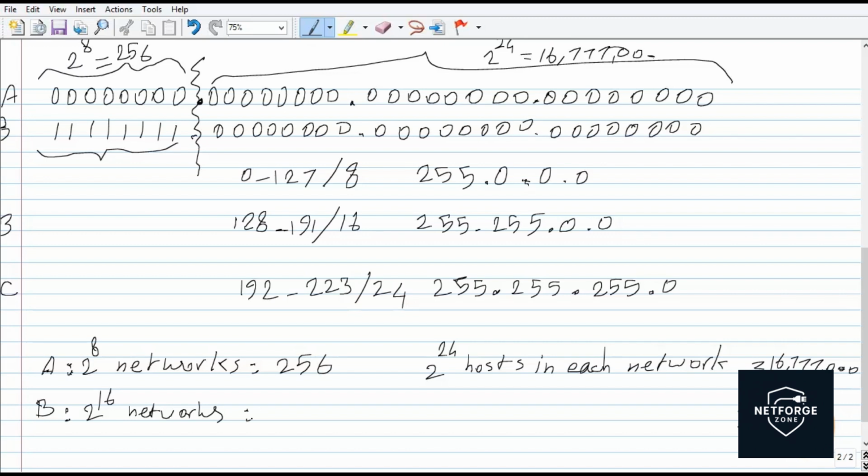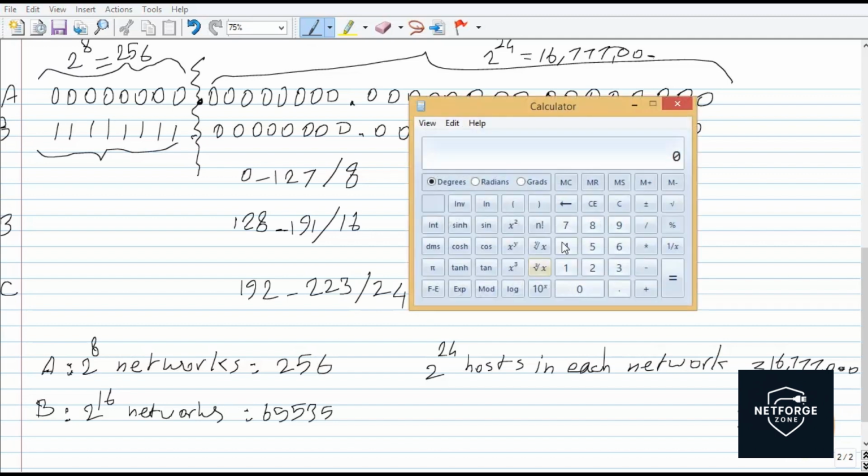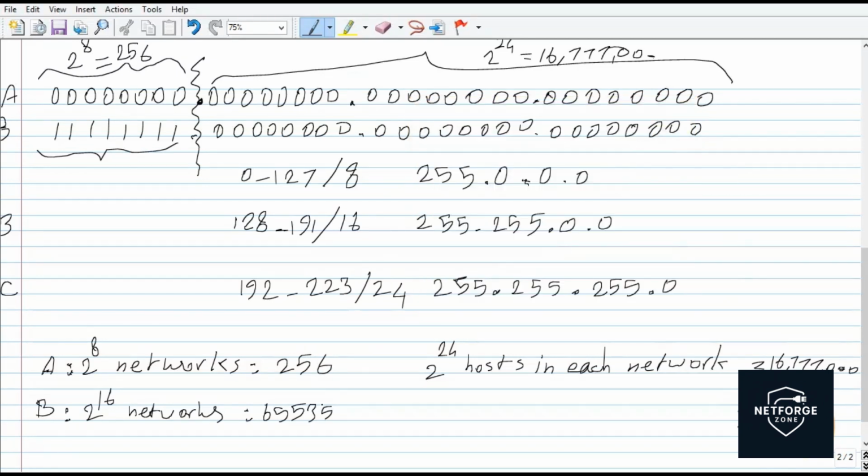That gives you about 65,535 or something. Let me find it. My math is so horrible. So 2^16 gives me 65,536. This is one more than what I wrote here.